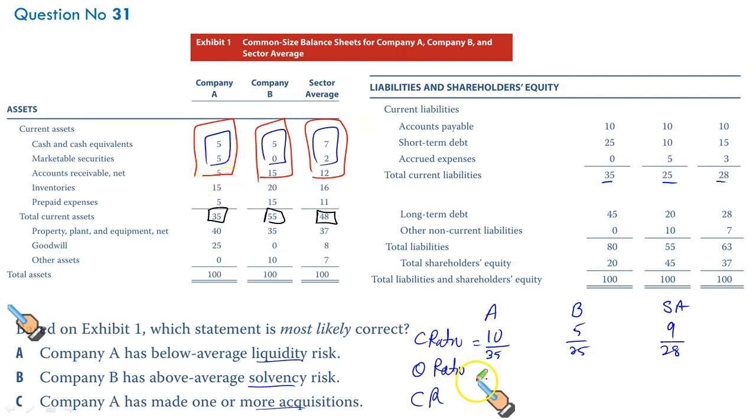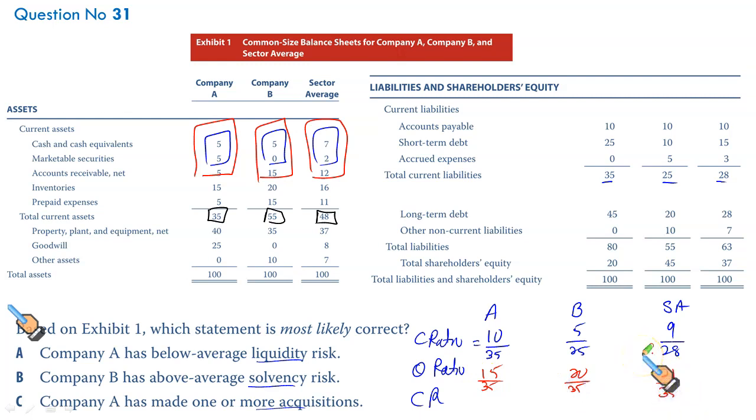Next item we have is the quick ratio, given in red. 5, 5, 5, 15. It'll be 15. 5 plus 15, 20. And then 7 plus 2 plus 12 gives you 21. The denominator for this would be the same as well, 35, 35, and 35.